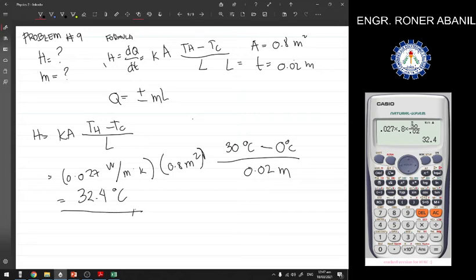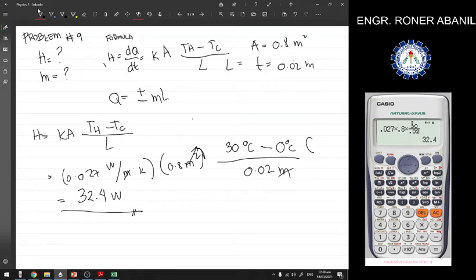So, hindi to degrees Celsius, no? Bakit degrees Celsius? Ito ay watts. Oo, watts yan. Kasi, makakancel to. Galing dito sa dalawa.